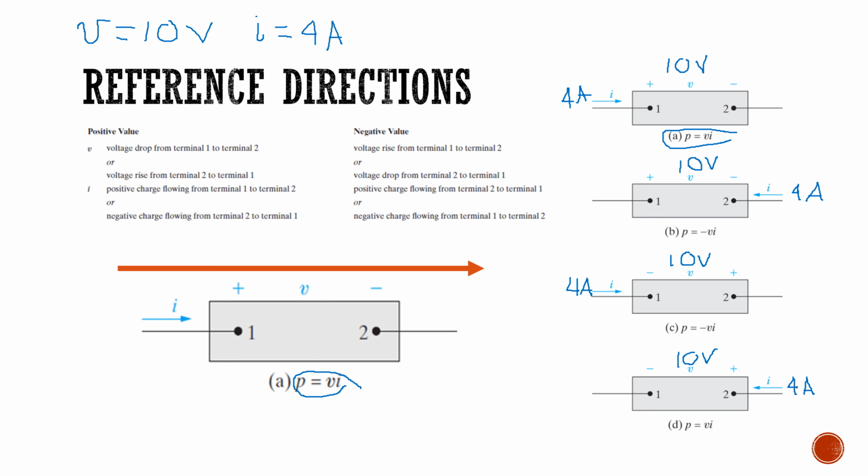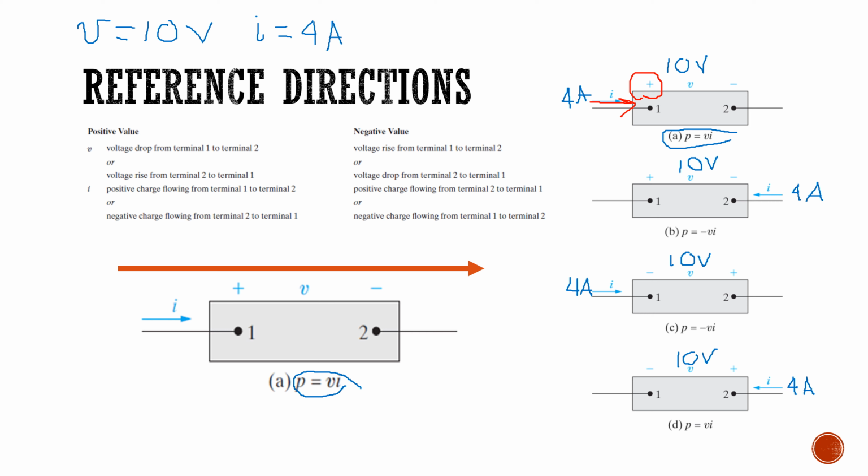So let's do that for each example here and see how that changes our value of current. So in our first example, the current is entering into the positive terminal and it satisfies our passive sign convention.